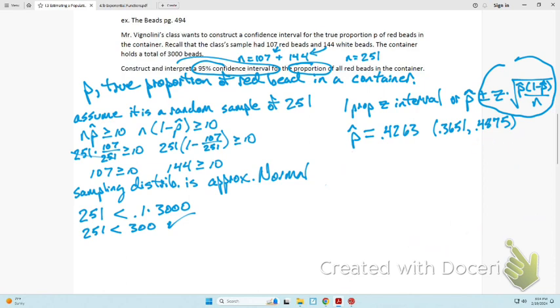So first off, what's the distance or length of the interval?